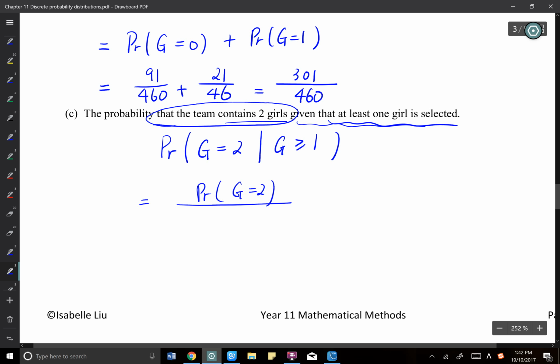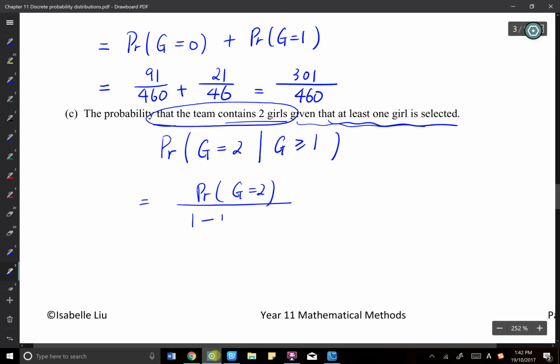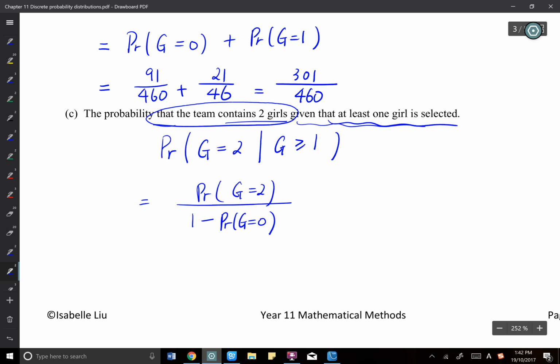And G greater than or equal to 1 can be 1, 2, and 3, so you exclude what? 0. So you can go 1 minus the probability G equals 0. You'd rather subtract one thing compared to adding 3 things together. Okay, so that's what you would do.